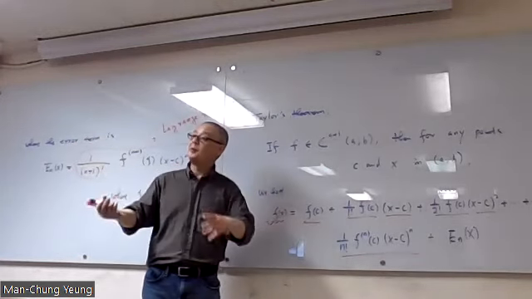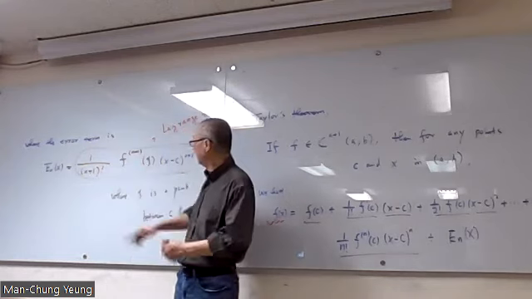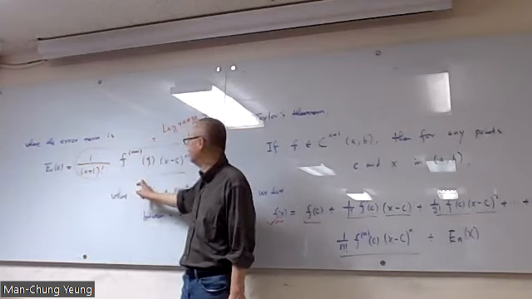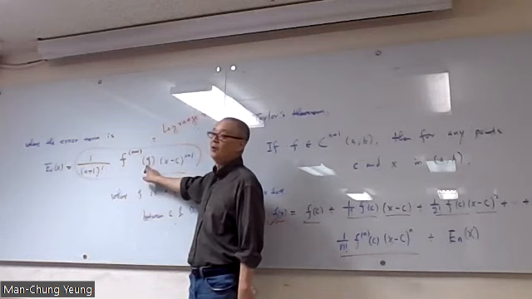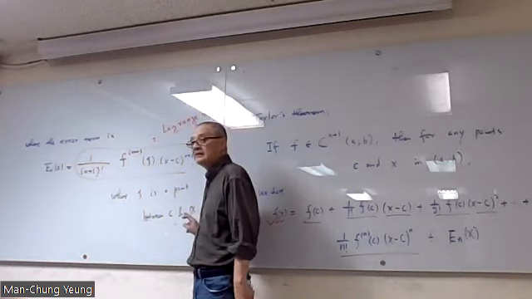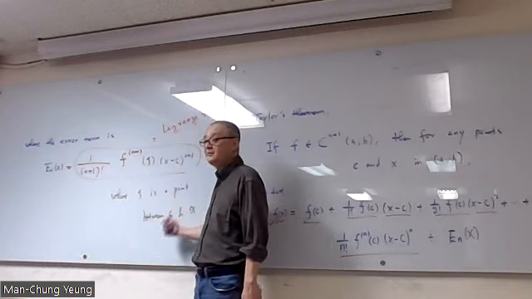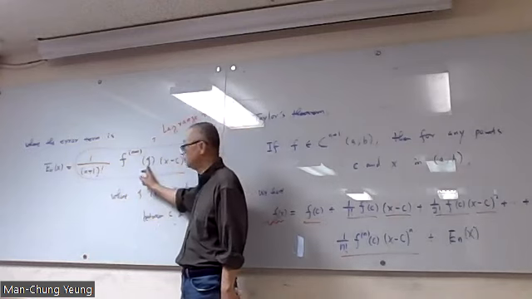We use a polynomial to approximate a general function. The error is given by this formula. Sine, we don't know. We just know it is between c and x, and depends on c and x. Different c, different x, this point is different.